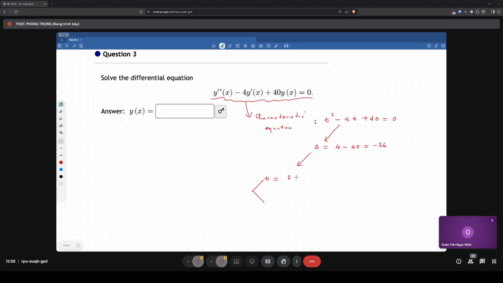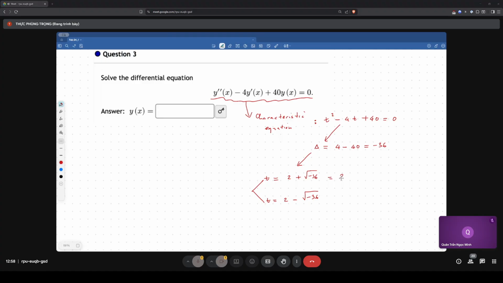equals 2 plus and 2 minus. The square root of negative 36 is 6i.